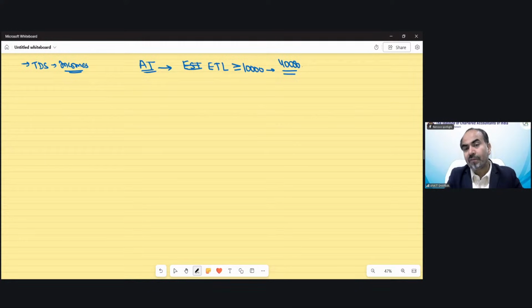The total amount of tax, approximately 40,000 for this year, you have to deposit in installments to us on certain dates with certain specific installments.